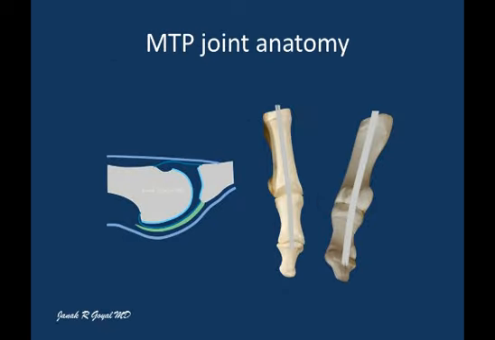Let's further look into the MTP joint anatomy. The articular surface covers the distal and plantar aspects of the metatarsal head but does not cover the dorsal aspect. The first metatarsal head has two sesamoid bones embedded in the joint capsule.